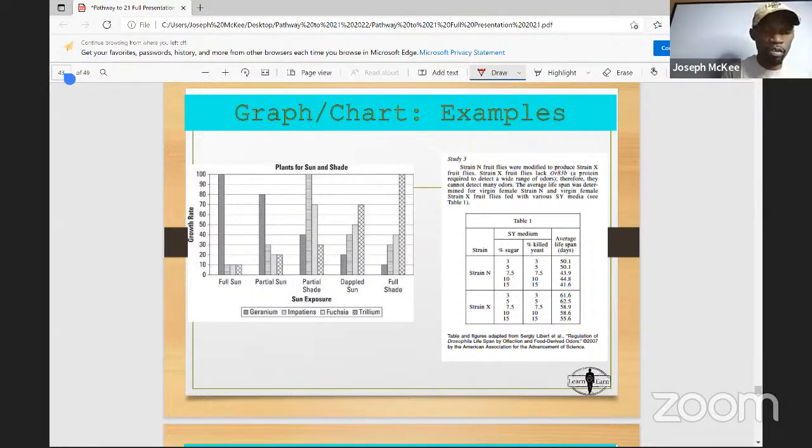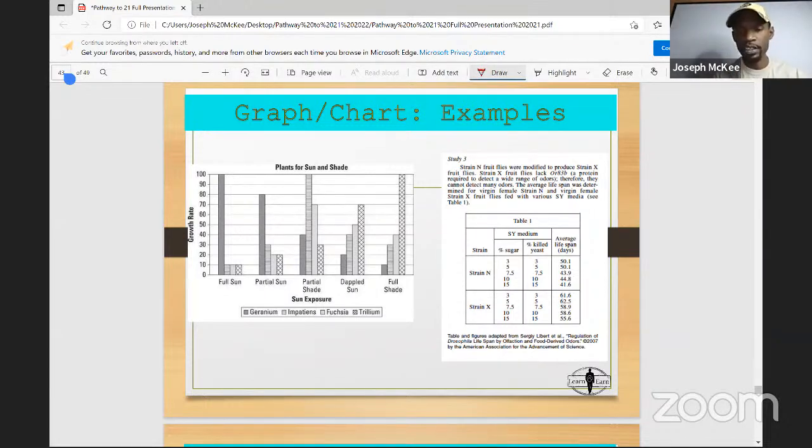So it's giving you a growth rate and sun exposure for some plants, and it's giving you the different types of plants at the bottom. So your goal will be to look and see what's the correlation between the sun and the growth rate.